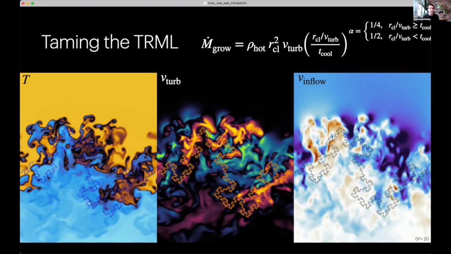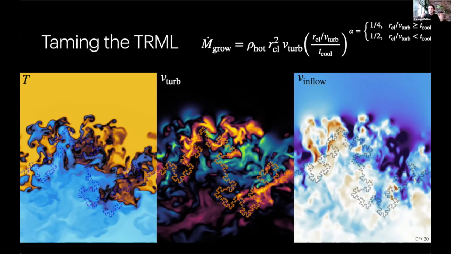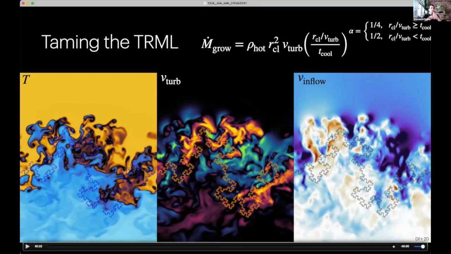And I'll give you an analogy for how you can understand this. Imagine you've got a locomotive, okay? You've got a steam engine, and you ask, how fast can my steam engine go? Well, if the furnace is already roaring hot, then the rate limiting step is how fast the stoker can shovel more coal into the furnace. Okay, and so in this analogy, that's how fast turbulence can mix in new hot gas.